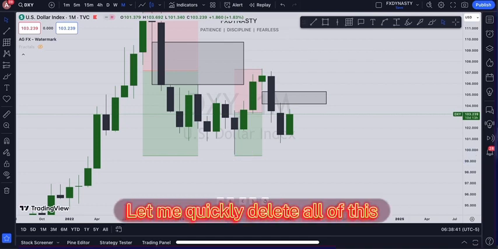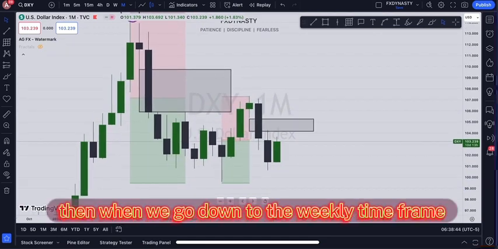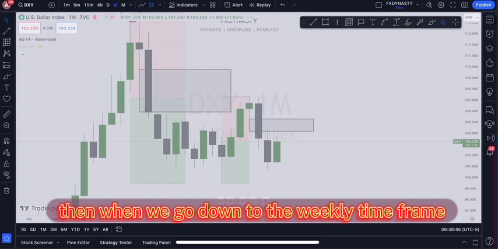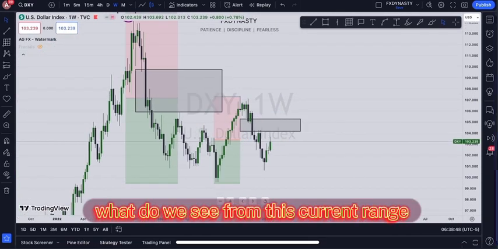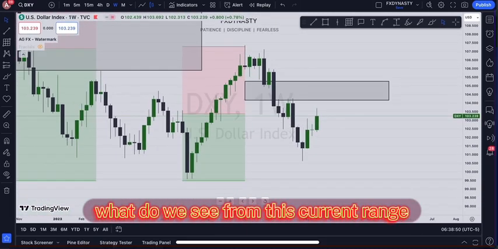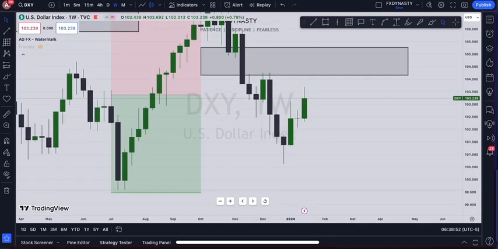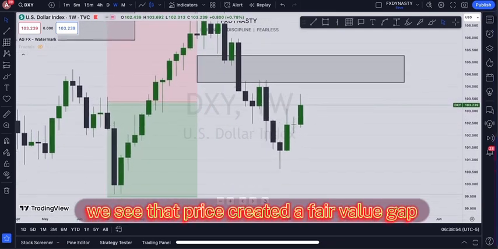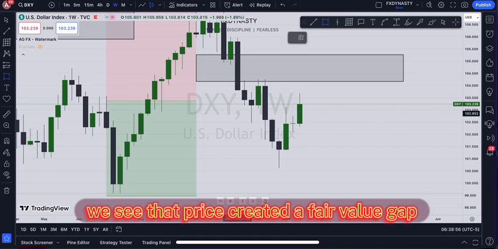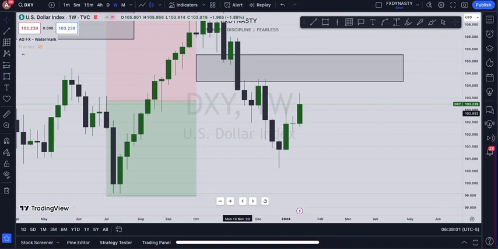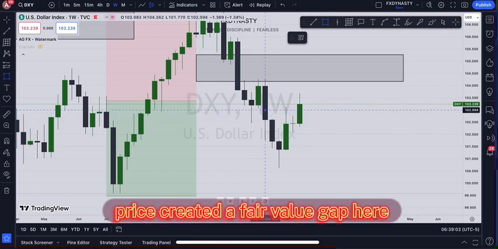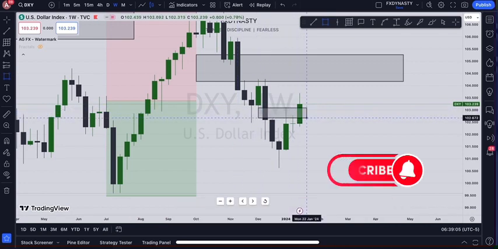Let me quickly delete all of this. Then if you go down to the weekly time frame, what do we see from this current range? We see that price created a fair value gap here.